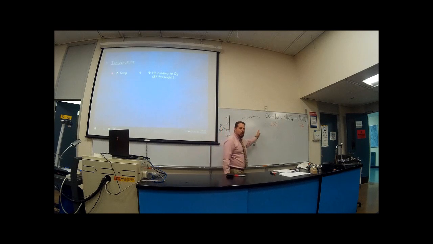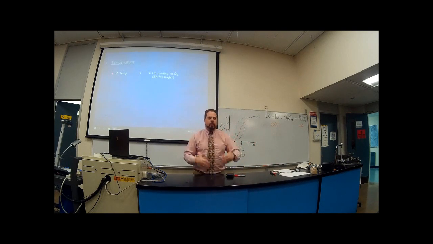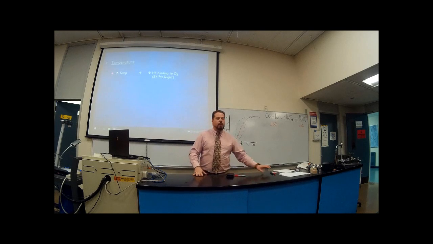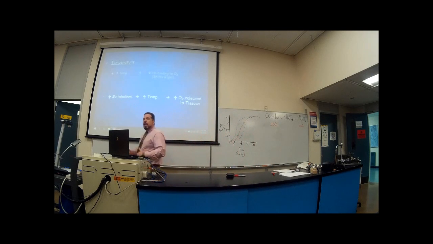More oxygen's coming off. People with hypothyroidism, someone who's maybe in a freezer and freezing, will have a shift to the left. That oxygen doesn't want to come off. You're not exerting any energy. You're not getting hotter in there. And that's what's happening. Okay? So if you increase your metabolism, like in hyperthyroidism, or you're running, you're going to increase your temperature, and oxygen wants to get released.